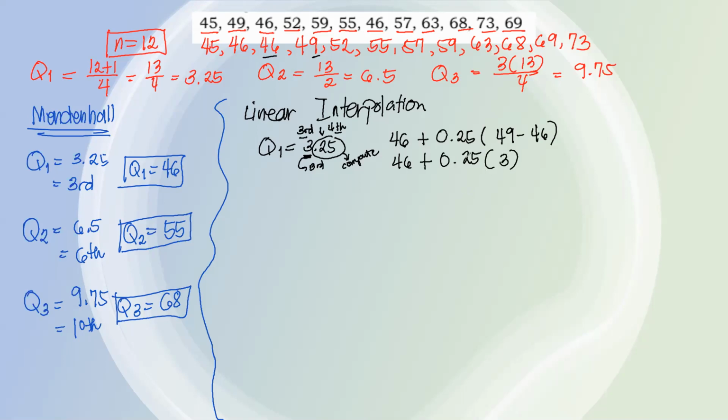So, 3 times 0.25, we have 46 plus, what is 0.25 times 3? 0.75. Ibig sabihin, yung first quadrant natin is 46.75.